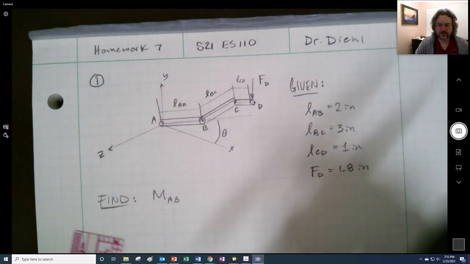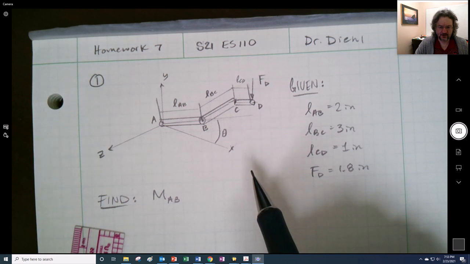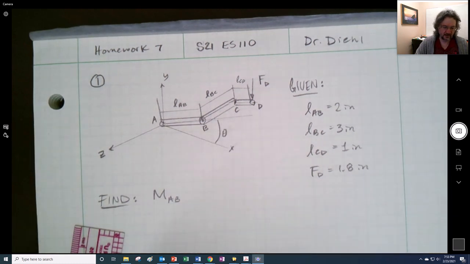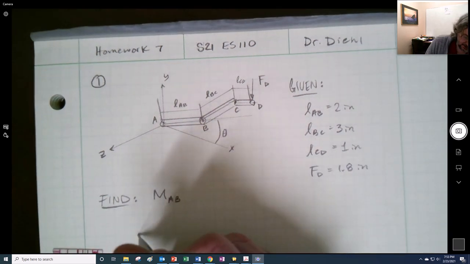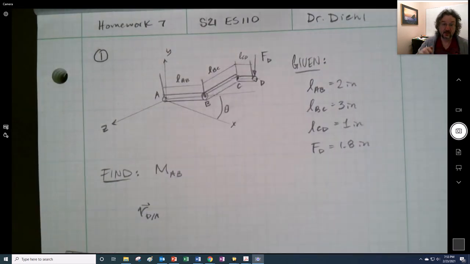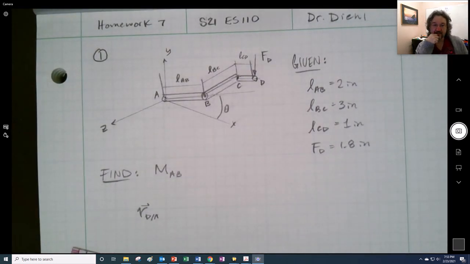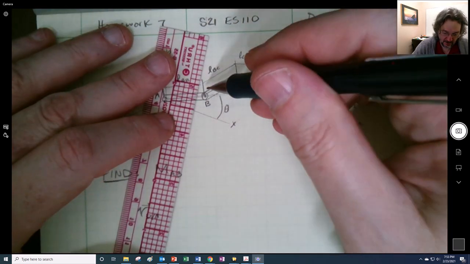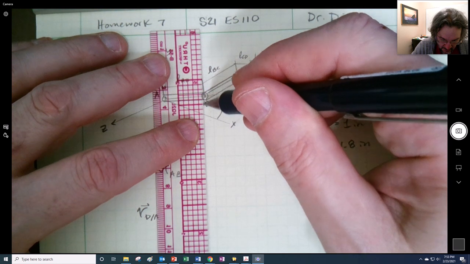The first thing we want to do is get a position vector, I think, that goes between A and D. So we want to find the position vector that is D with respect to A. This gets a little complicated because of the angles involved right here, right?